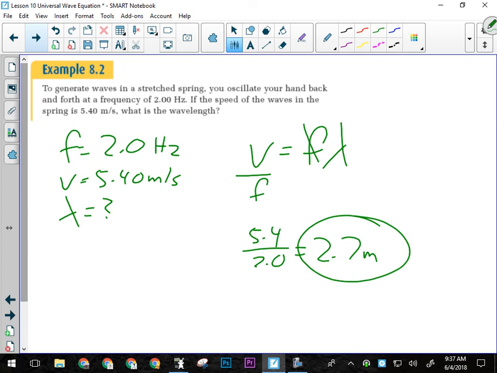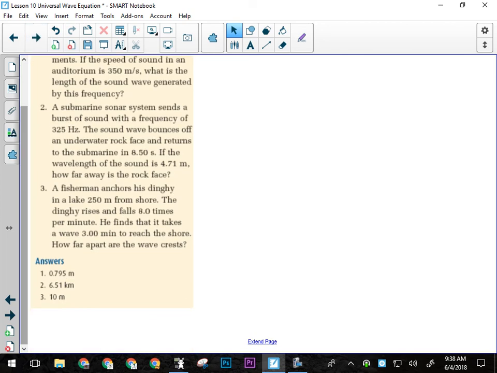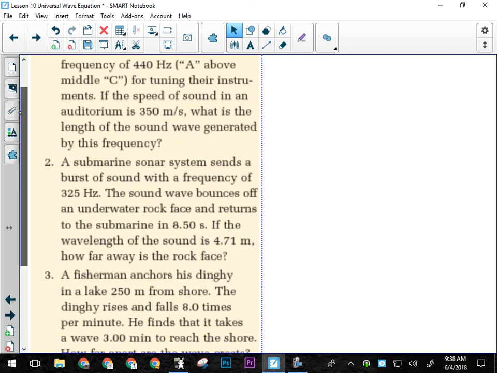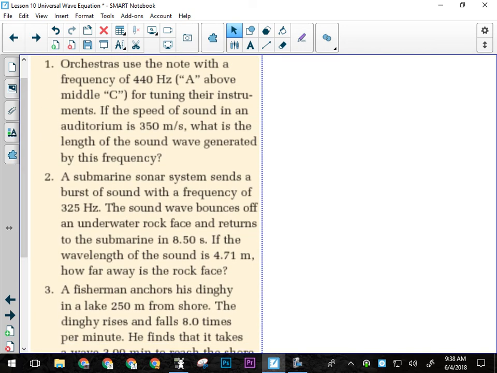Again, it is a very easy formula to use. Questions on that one? Okay. For right now, try 1 and 2. We'll get to the echo question in a minute.